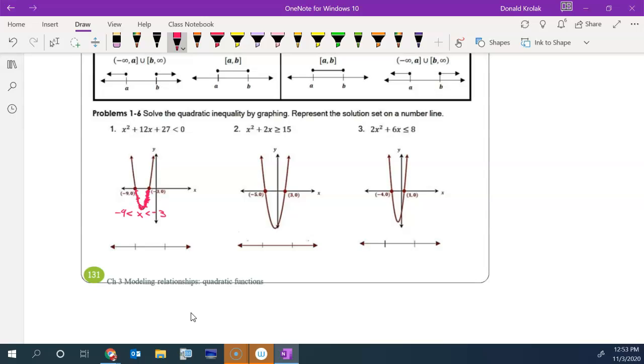As an interval, that would be parentheses -9, -3. And on a number line, that would be open circles, and then I would shade everything in between them. So this was between x-intercepts.